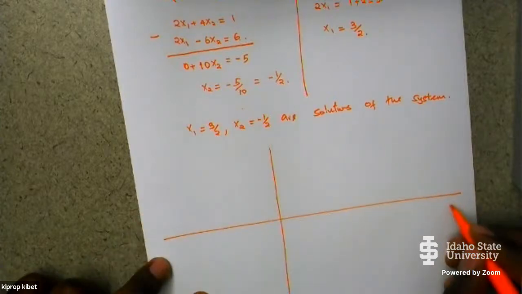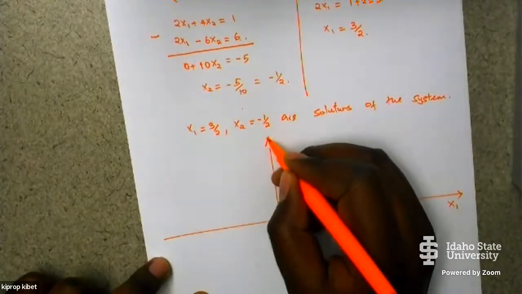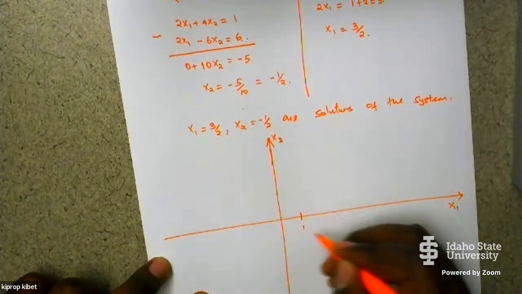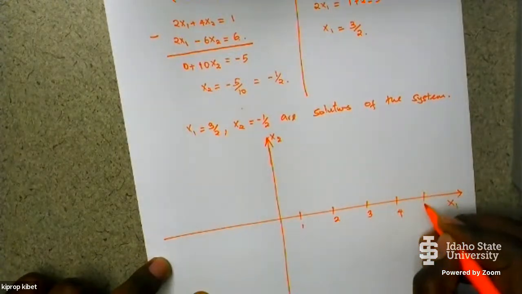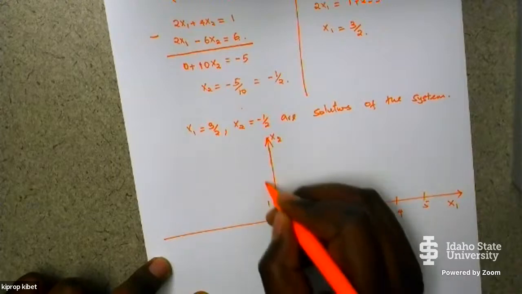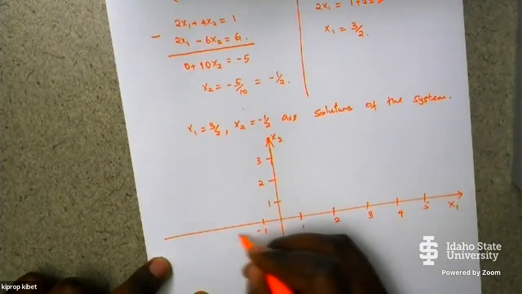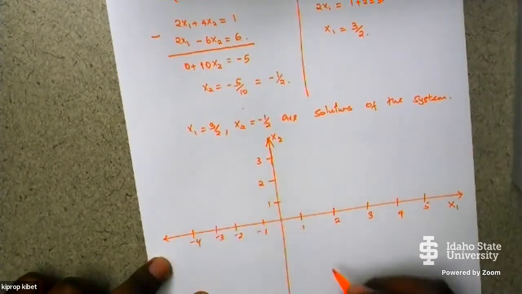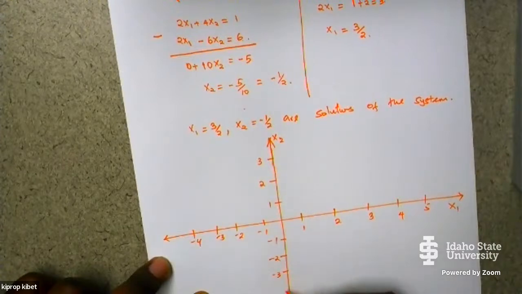So we mark 1, 2, 3, 4, 5 on the horizontal axis, and -1, -2, -3, and then -1, -2, -3 on the vertical axis.